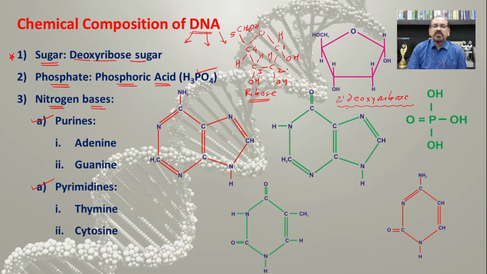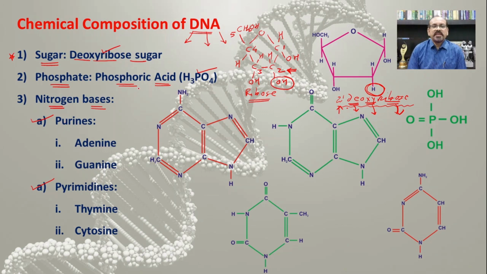So concentrate on this second carbon atom and this OH, and compare it with the deoxyribose sugar where there is a presence of only the H. So this 2 means the second carbon atom, De means removal of the oxygen atom from the ribose sugar, and hence it is known as the 2-deoxyribose sugar, which is one of the components of the DNA.